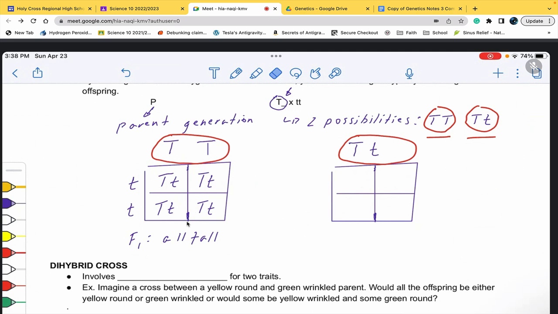I'm going to cross the big T, little t with a homozygous recessive individual. We'd end up with this. In the upper left-hand corner, big T, little t. Down below, big T, little t. And then here, little t, little t, little t, little t. Just to make this a little more clear.